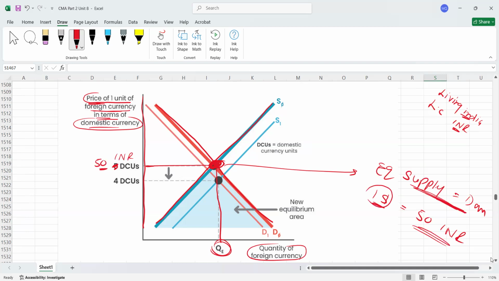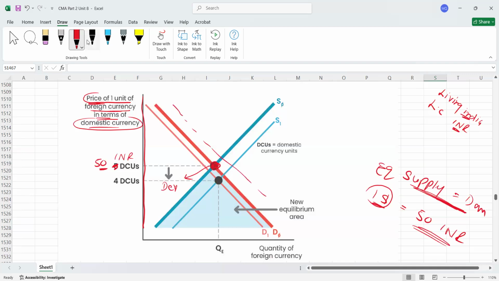I'm just trying to explain the graph first and then I'll take you to the text. Now please remember, this demand curve is the original demand curve. If it moves to this side, we would say demand is decreasing. And if this line moves to this side, we will say demand is increasing.